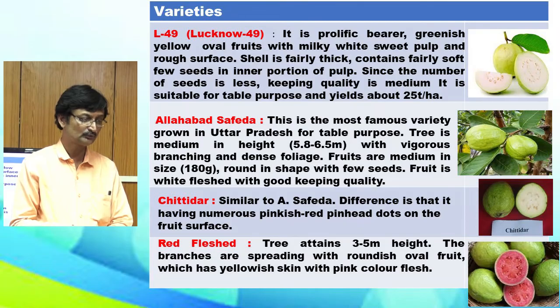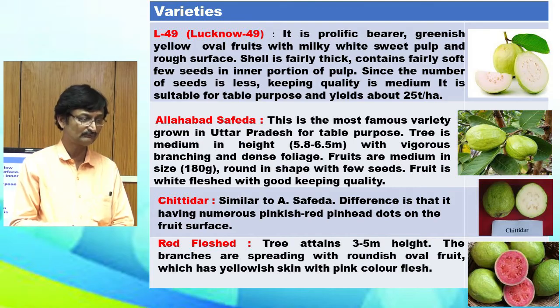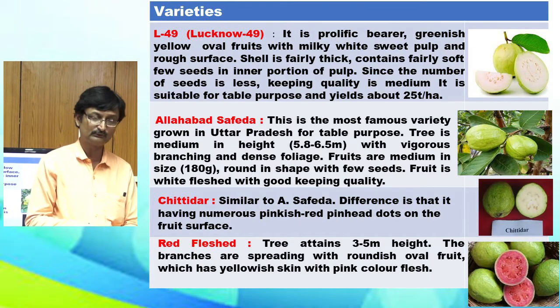The tree is medium in height, about 5.8 to 6.5 meters, with vigorous branching and dense foliage. Fruits are medium in size, 180 gram, round in shape, with few seeds. The fruit is white fleshed with good keeping quality.